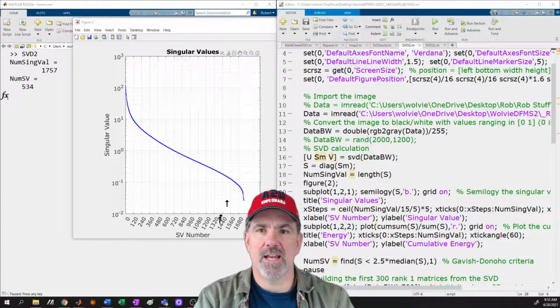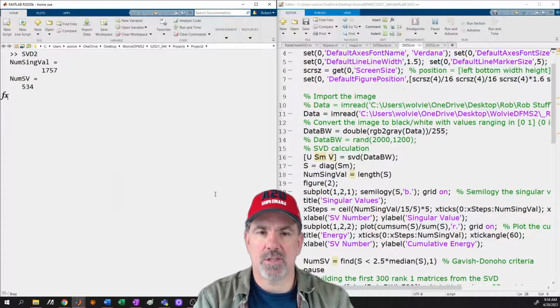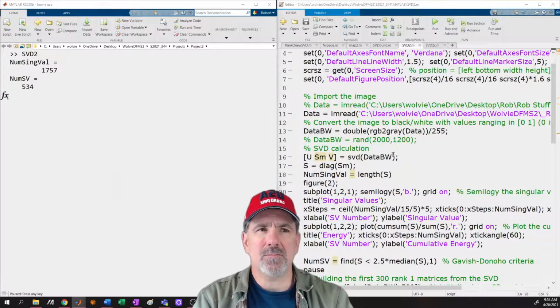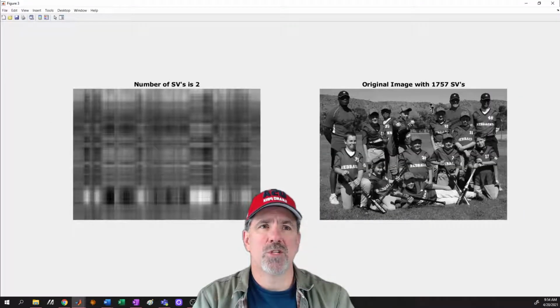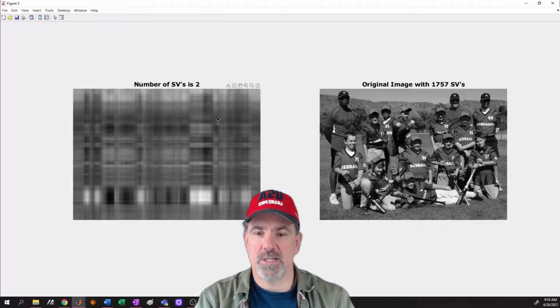So I've used that, and now let's take a look at what the image is going to be. This is a more complicated image with respect to the number of pixels than what we were looking at on Friday. And the methodology for this is similar to what we were doing. The original image is over here on the right-hand side, and then this is our singular value piece here.